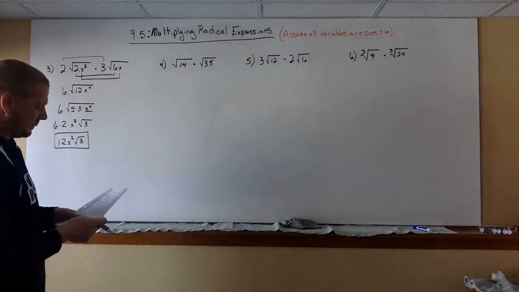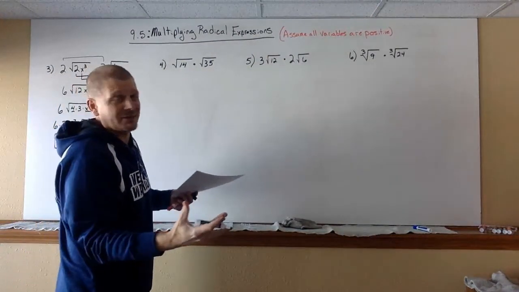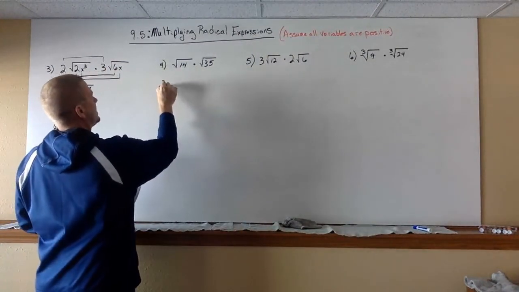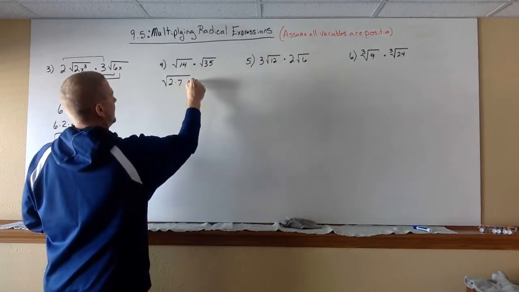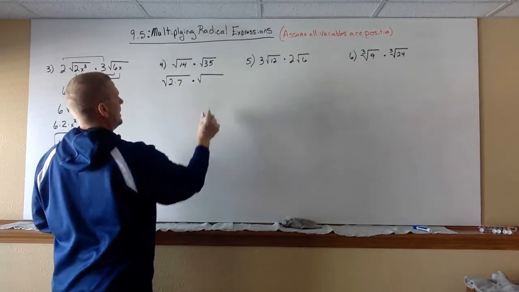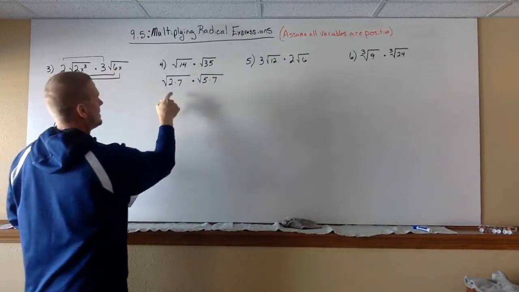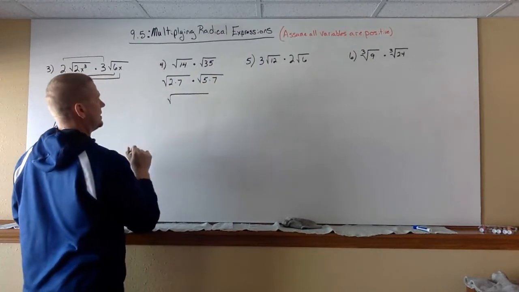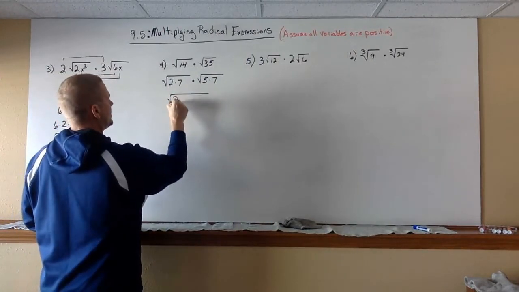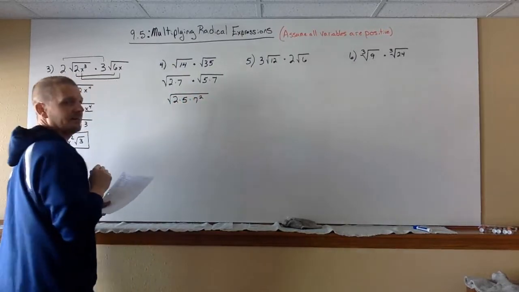Number 14, because I don't want to take 14 times 35. That's too big of a number for me. So I look at this one and I see that's 2 times 7 times the square root of, I see 5 times 7. Okay, well now notice if I multiply these together and I wrote it in one stretch, this is a lot of mental math here, it's 2 times 5 times 7 squared if I prime factorized it.